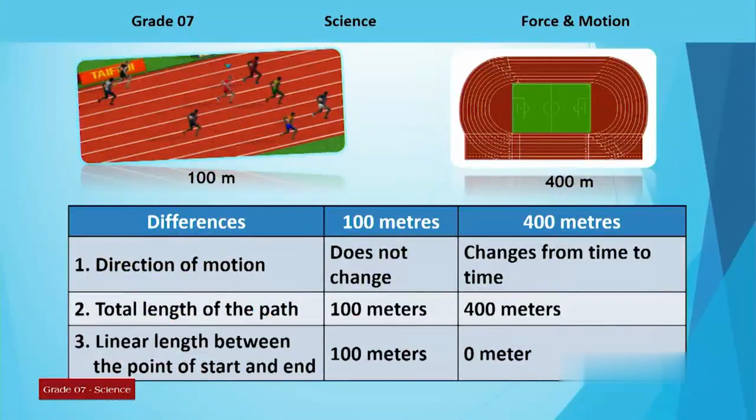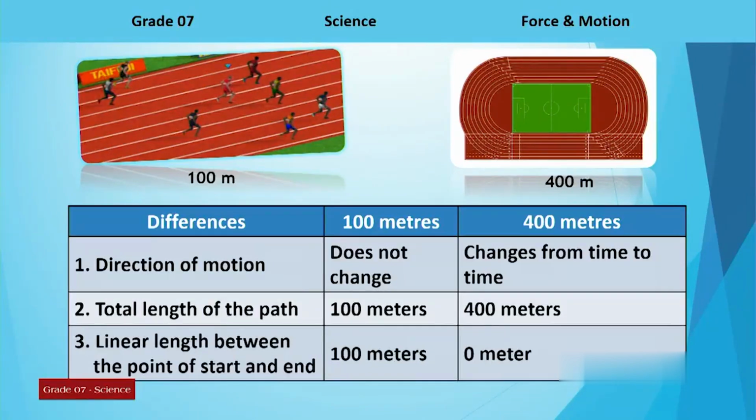Direction of motion. My dear children, please draw your attention towards the direction of the motion of the runner in 100 meter race. You can observe that the direction of the motion of 100 meter runner does not change. But when we think about the direction of the runner of 400 meter race, it changes with the time, right.